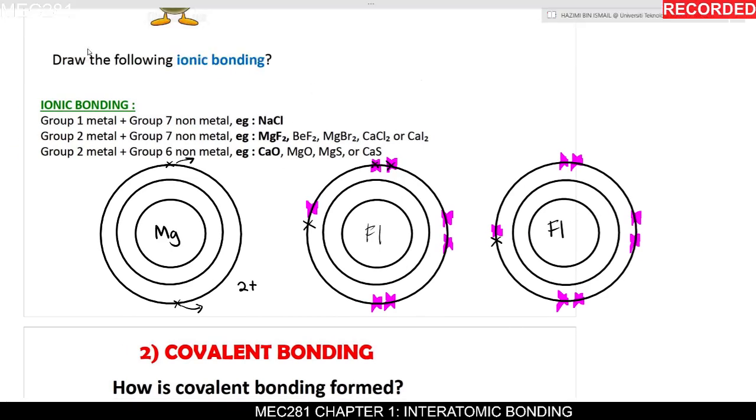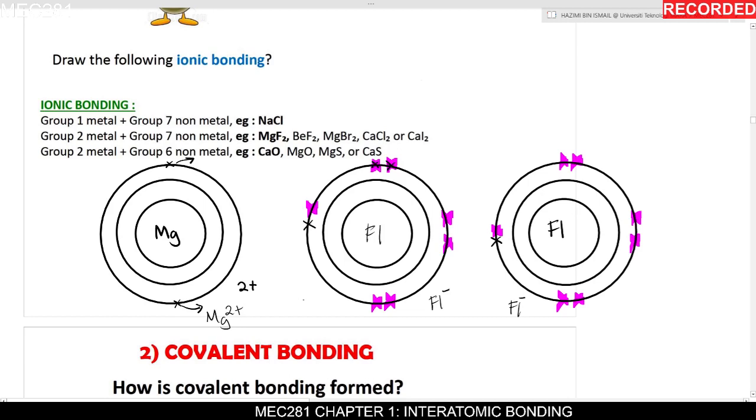So what is the difference between the magnesium and fluorine here? Magnesium becomes the magnesium ion, so it will have the 2 positive charge, a cation, right? Fluorine here will become fluoride with negative 1 because it receives 1 electron, and here also will become fluoride negative 1.